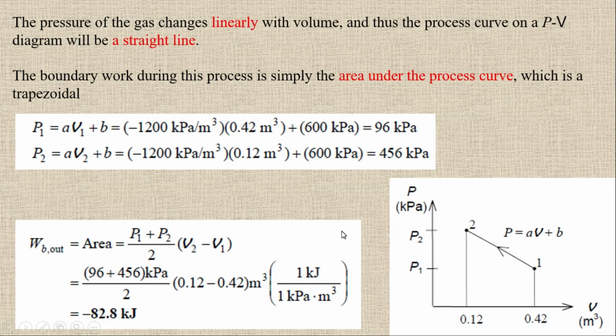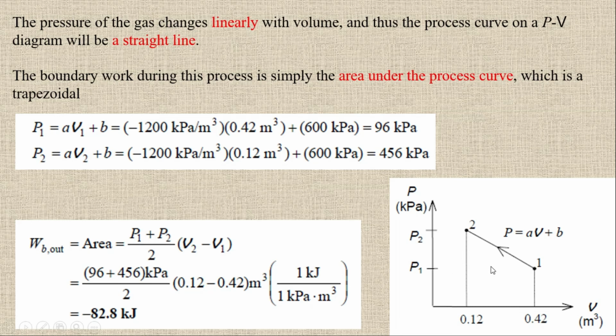In this way, you can easily find the work done. Alternately, you can draw a line from here to here, so you will get a rectangle here and a triangle here. For the rectangle, this length is P1 times the delta V, and for the triangle, we get a half times base times altitude, which is P2 minus P1, times the delta V here.